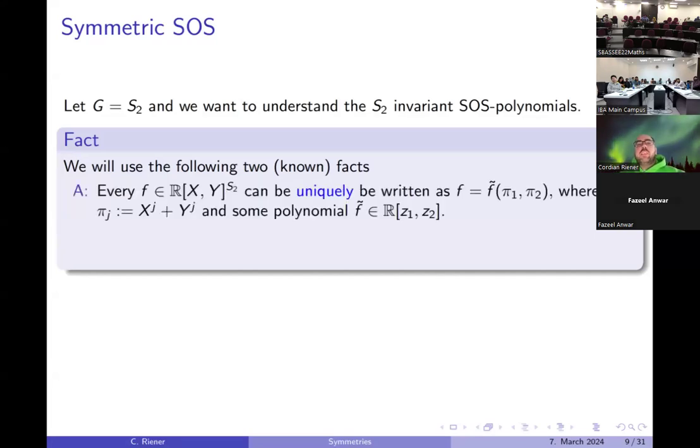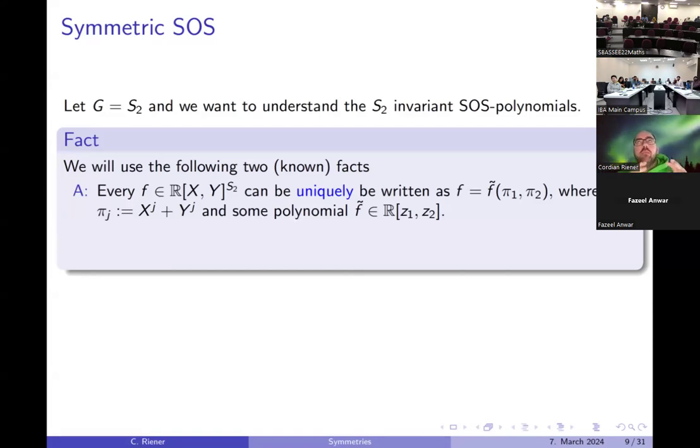Okay, we had already seen as an example that if I have an invariant polynomial, a symmetric polynomial in the two variables x and y, I just now use x and y to emphasize that we have two variables, then we can uniquely write it as a polynomial f twiddle in p1 and p2, where p1 and p2 are just these power sums: x plus y and x squared plus y squared.